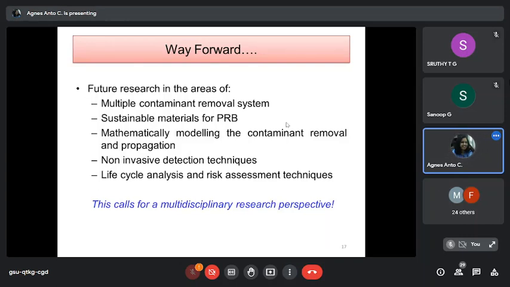Next is non-invasive detection techniques. I said monitoring of PRB is very important, because only then you know what the longevity, what the lifespan of your PRB is. So when you are inspecting or monitoring it, you can go for non-invasive techniques like employing sensors.